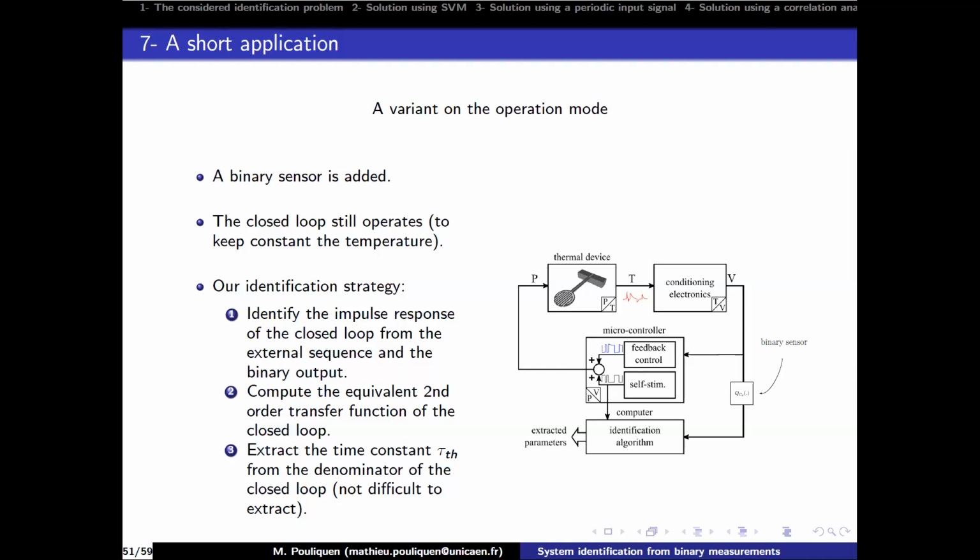With binary data, I don't want to estimate exactly the transfer function of the closed loop, just in the first step the impulse response, similarly to the numerical example I gave previously.